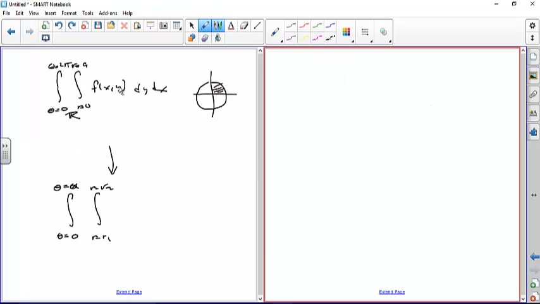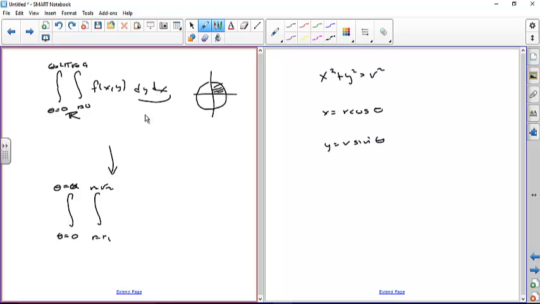Okay. Now to convert the f of x y function, you've got these relationships: x squared plus y squared equals r squared. You've got x equals r cosine theta, and y equals r sine theta. So you can convert this expression as a function of x and y into r and theta, and then you change dy dx into r dr d theta.